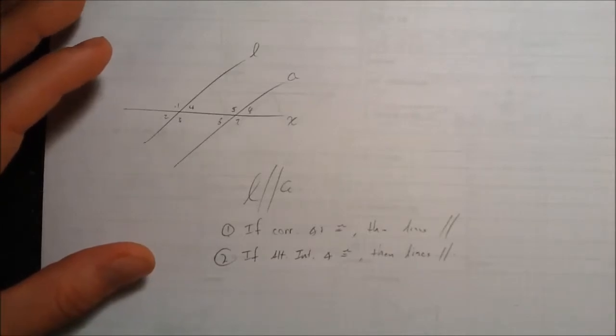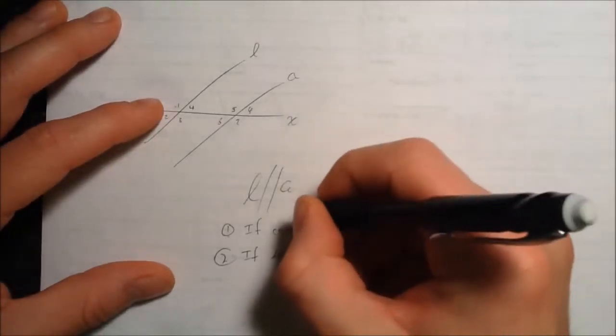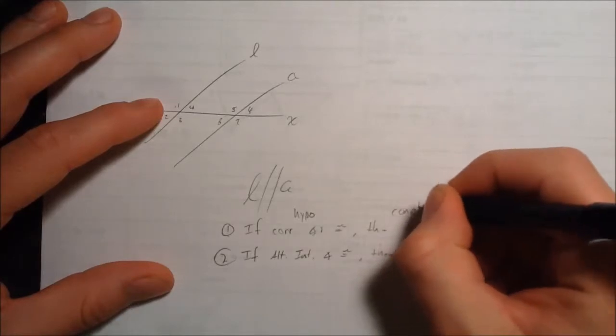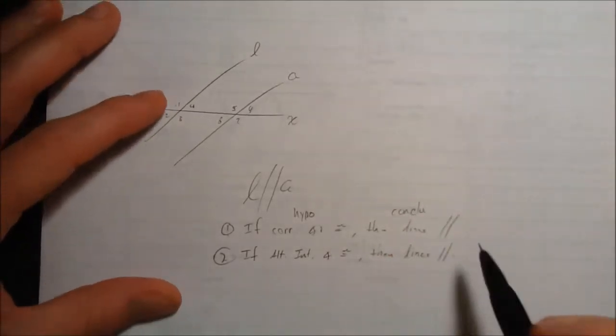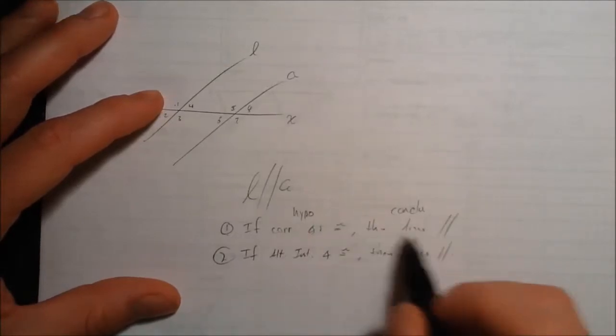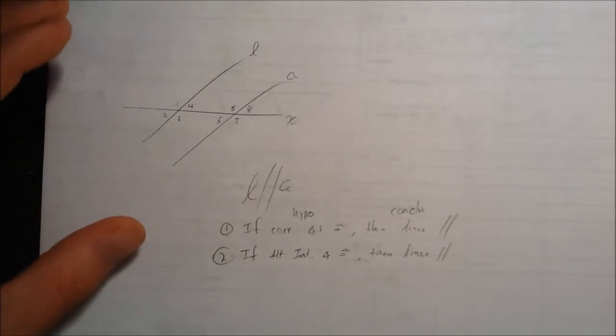You have to think about what you are trying to prove and what you are trying to conclude. You know that in these if-then statements, the first part is a hypothesis, and then the second part is a conclusion. So if you're trying to conclude that lines are parallel, then that needs to be the conclusion of this conditional statement, of this if-then statement.